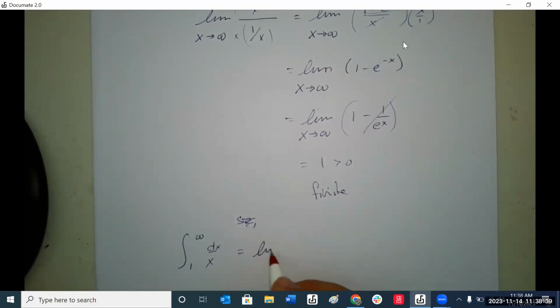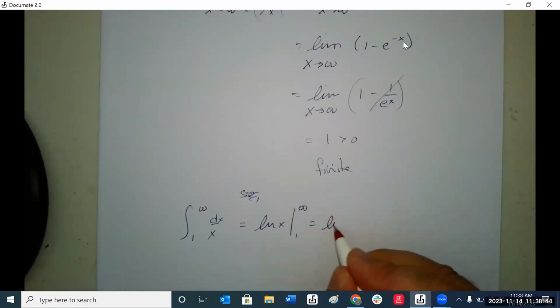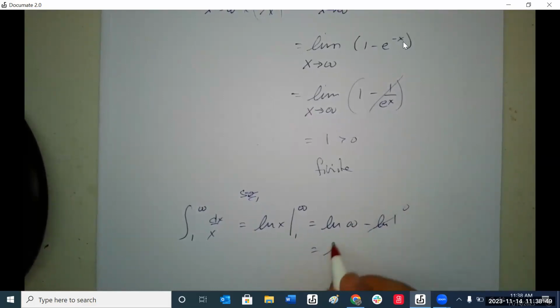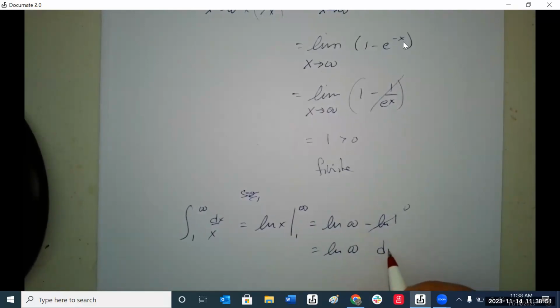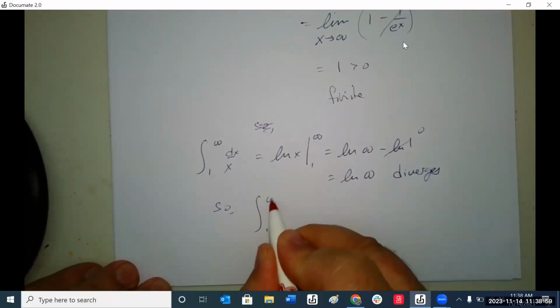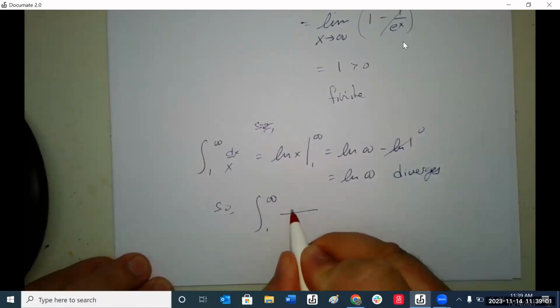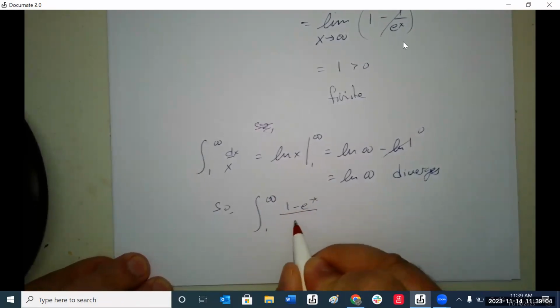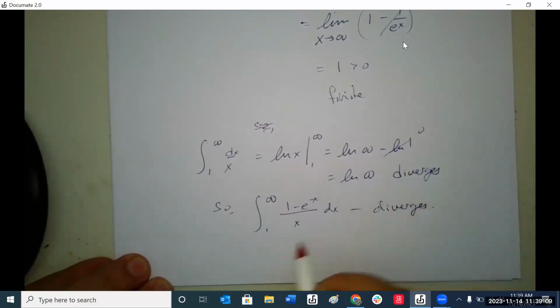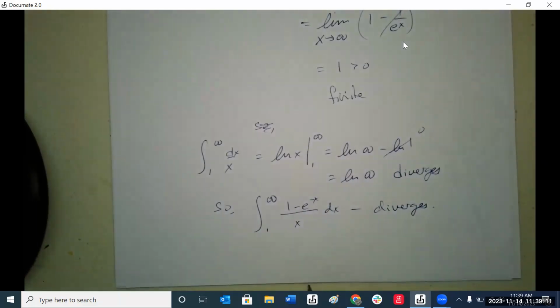This one becomes ln x, ln infinity minus ln 1. It diverges. So the integral of 1 minus e to the negative x over x diverges.